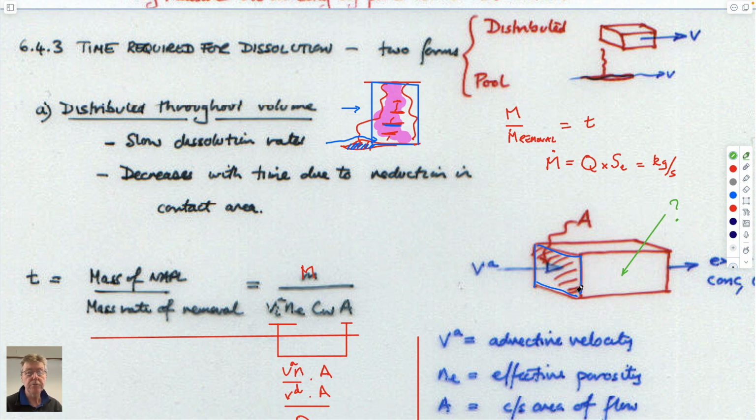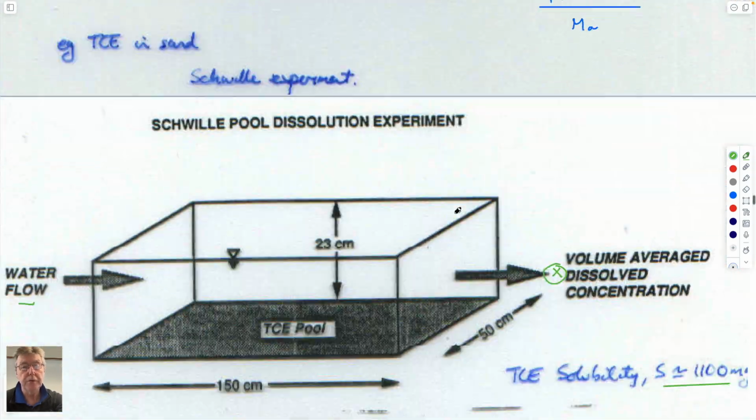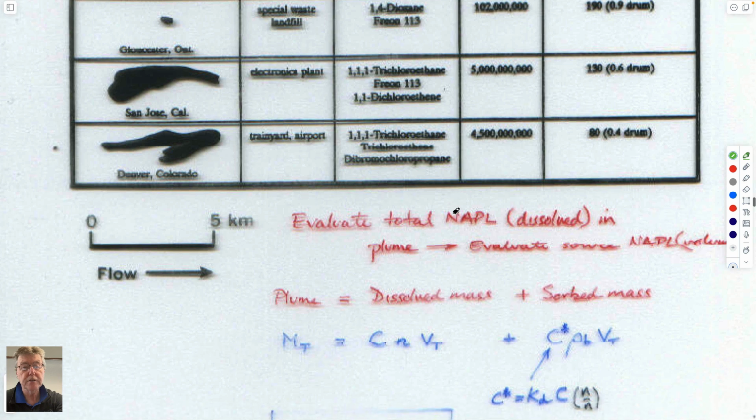So we've talked about how you might do it by taking the volume, multiplying by the saturation and the porosity, but we haven't allowed for a different effect, and that is the amount that's going to be sorbed onto the system. So how do we calculate the total amount that's available if we only have the concentration?